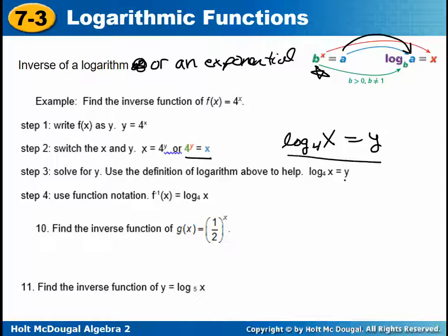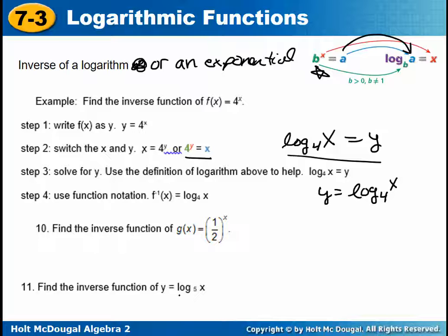Now this, I wrote it here too, that is now solved for y. You might prefer to put the y over here. And then all we need to do next is replace our y with our function notation, which would be f to the negative 1 of x. So that says that this is the inverse. And that's it. And you'll do the same thing for number 10.